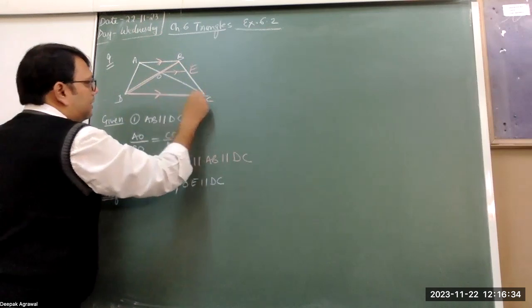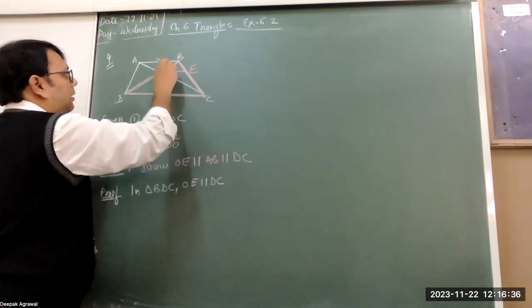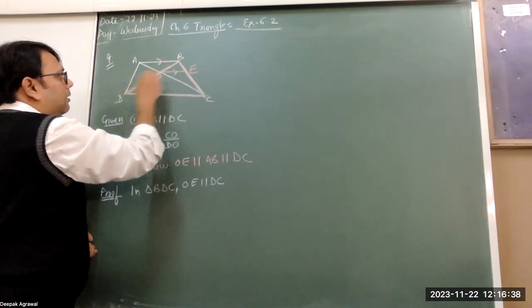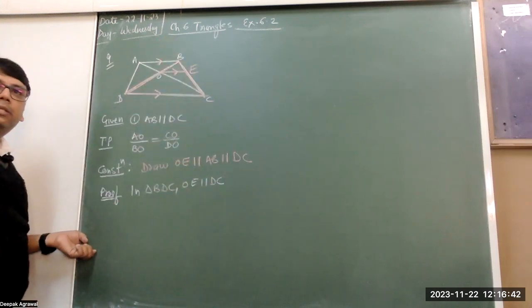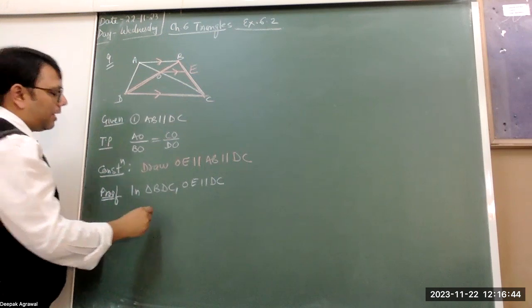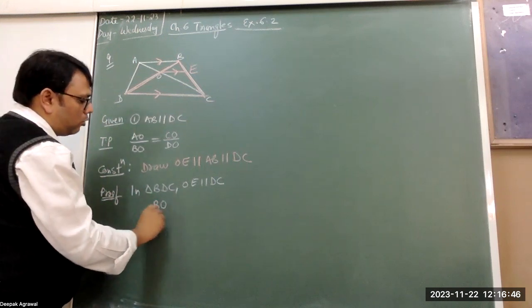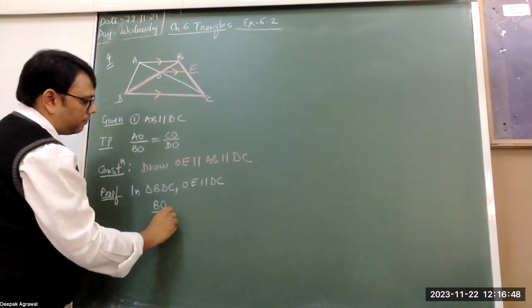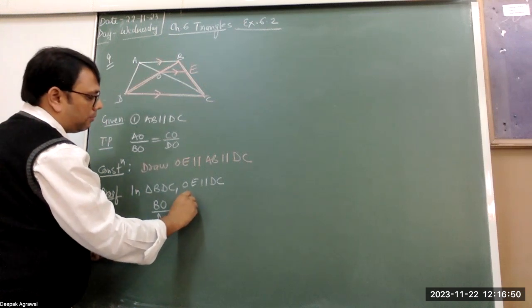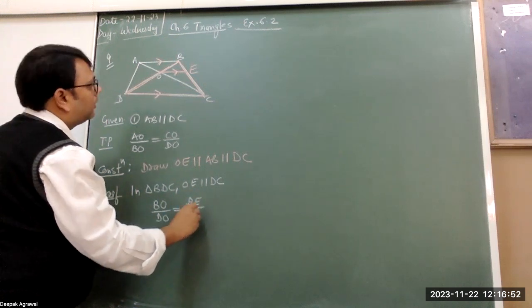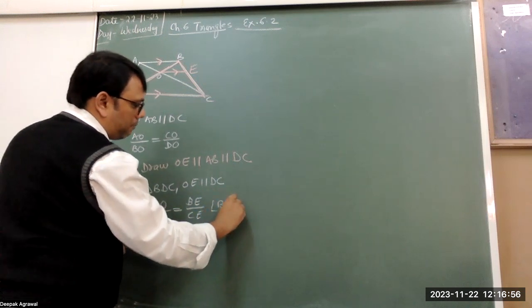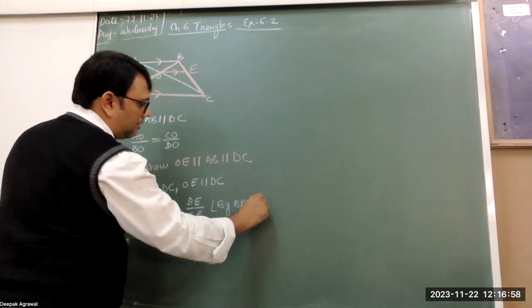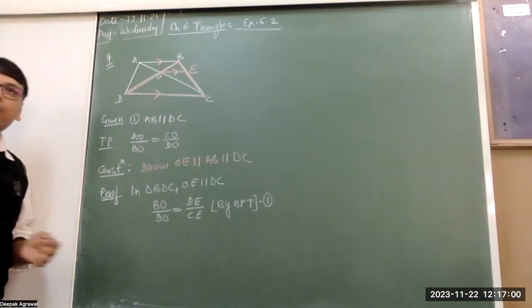Triangle BDC. In this triangle, OE is parallel to DC. So if I apply BPT, what I'll be writing is BO upon DO is equal to BE upon EC, or CE. Keep it in the same fashion, better. By BPT, let us mark it as equation number 1.